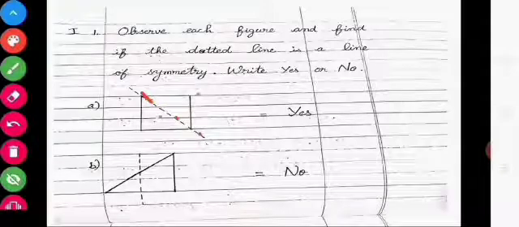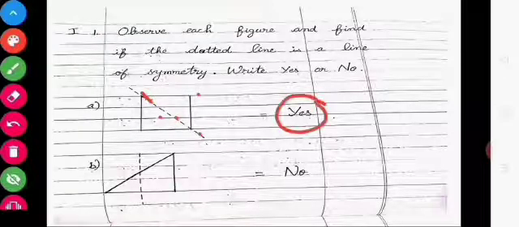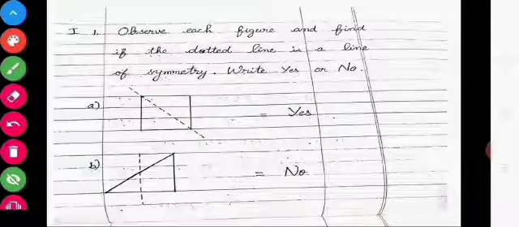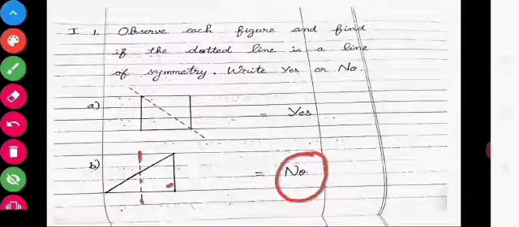So it is a line of symmetry. So write yes. See the next one. The dotted line has divided the object into two parts, but the shape and size are not equal. So this is not a line of symmetry, right? No.